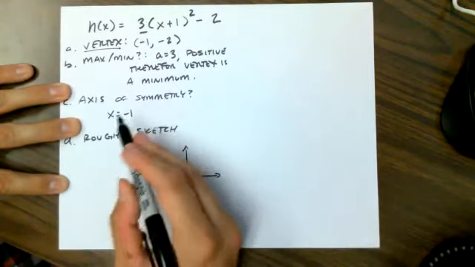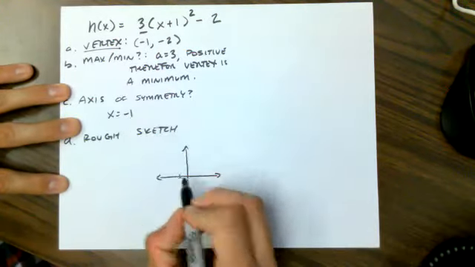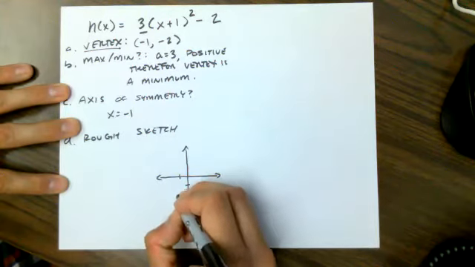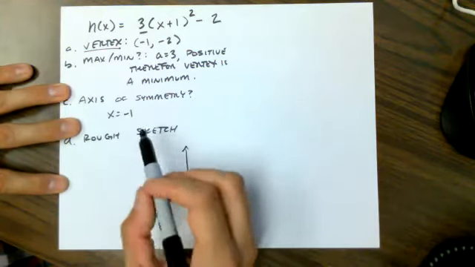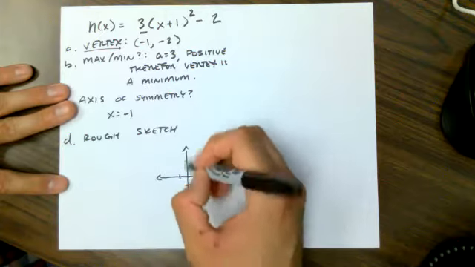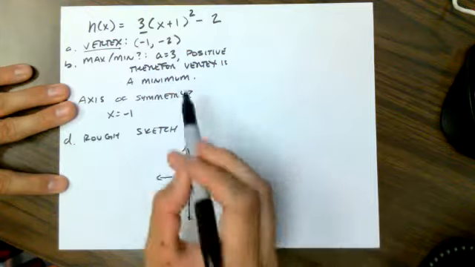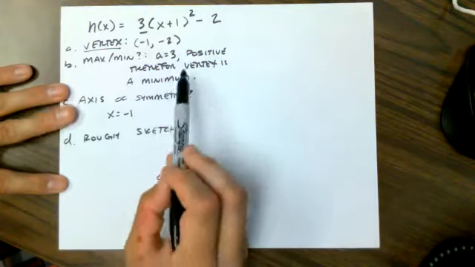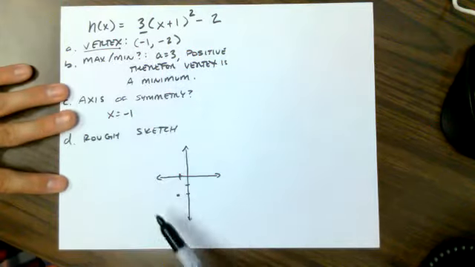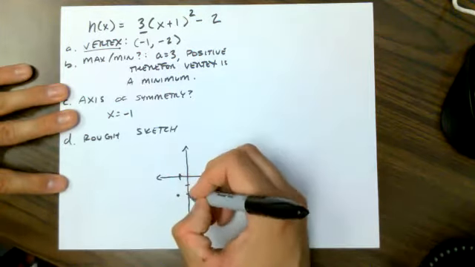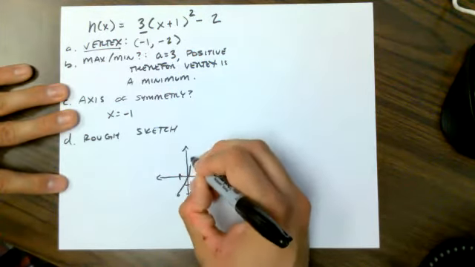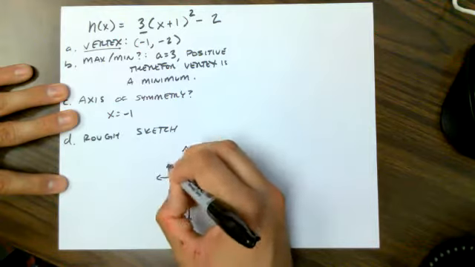So we know we go to the left 1, down 2, right? And then we know our axis of symmetry is right here. So we're going to go to the left the same as we're going to the right. And we know that that vertex is a minimum. So just for a rough sketch, I'm going to say it does something like this. It's not perfect.